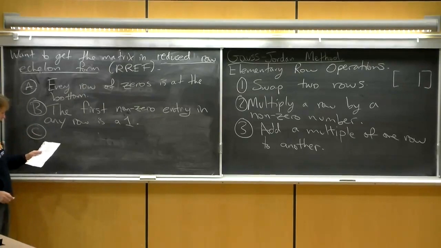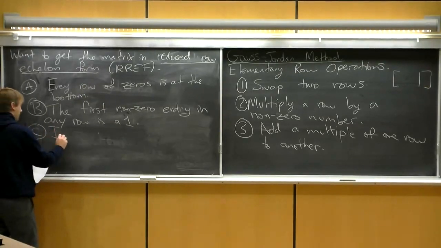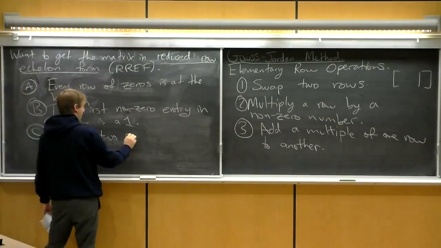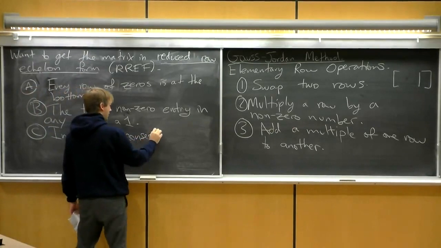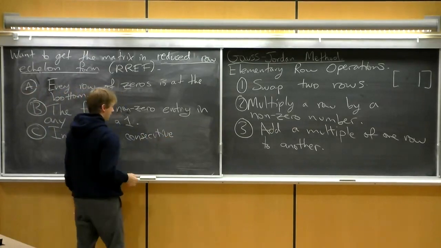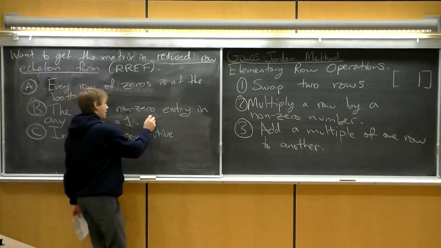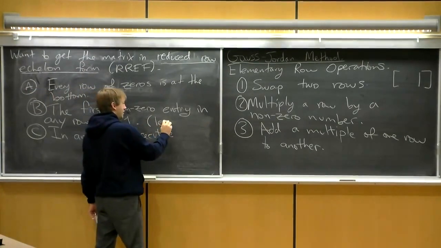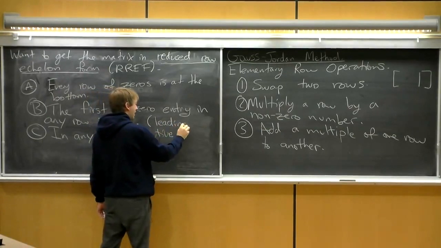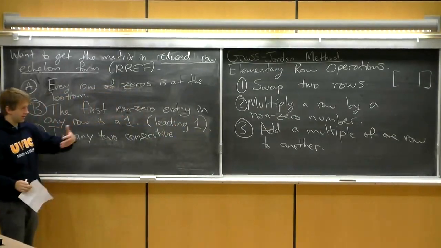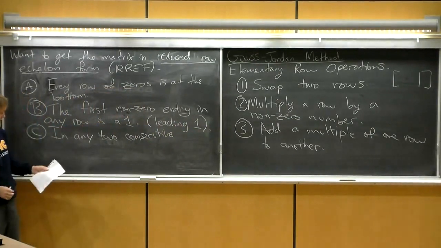Third thing is, in any two consecutive... so when I say the first non-zero entry is a 1, we say every row has a leading 1, so it just means the first thing is a 1.